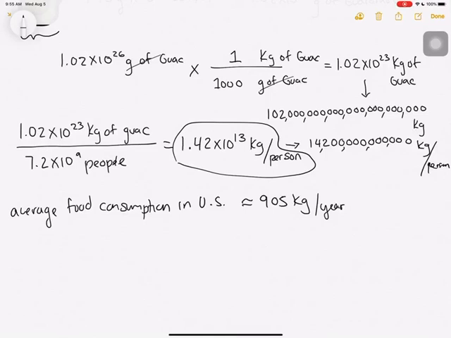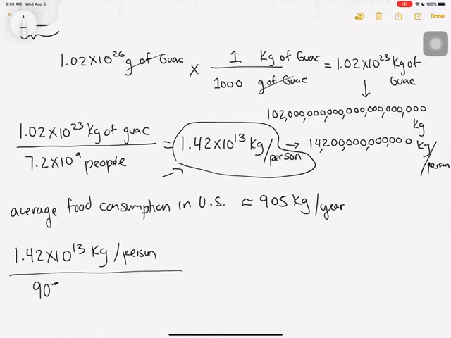So let's do another division. I'm going to take the whole amount of kilograms per person, that's 1.42 times 10 to the power of 13 kilograms per person, and divide this by the average food consumption in the US.